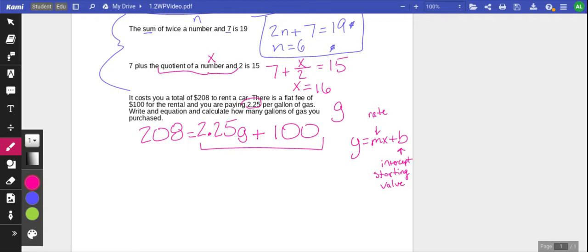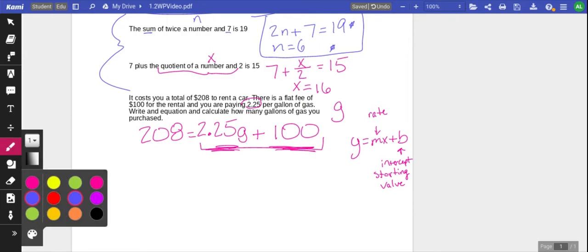No matter if I drove 1 mile or 1,000 miles, my car rental is $100. The rate changes depending on how much gas I'm buying. All right, so if you can remember how to tell the difference between the rate and just a flat fee or a starting fee, that's going to help you out set up a lot of these problems.